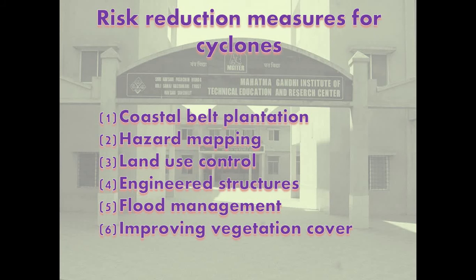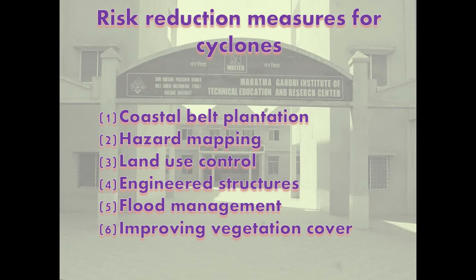Trees planted in rows will act as a windbreak. Coastal shelterbelt plantations can be developed to break severe wind speeds. It minimizes devastating effects. The Orissa cyclone has also highlighted the need for urgent measures like shelter-belt plantations along cyclone-prone coastal areas.